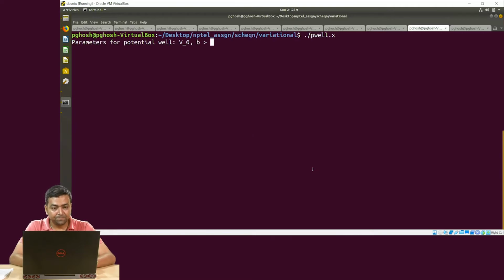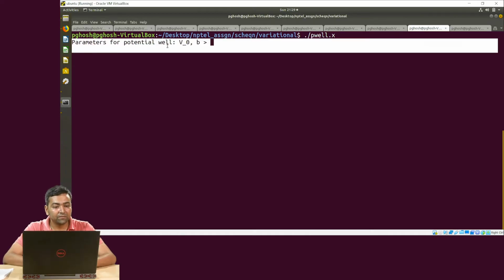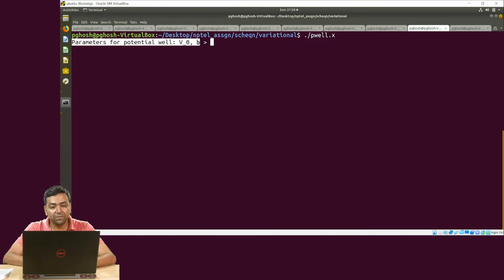If I run it, first of all it asks me for the parameters for this potential well, that is V0 and B. Let me choose V0 to be 1 and B to be 2. So, the depth of my potential is -1 and the width is 2.